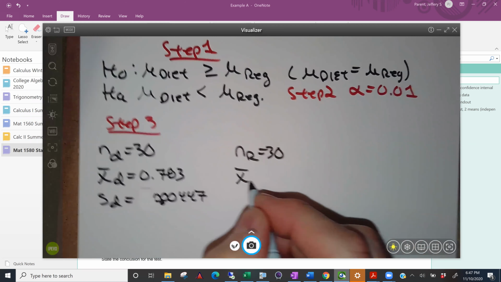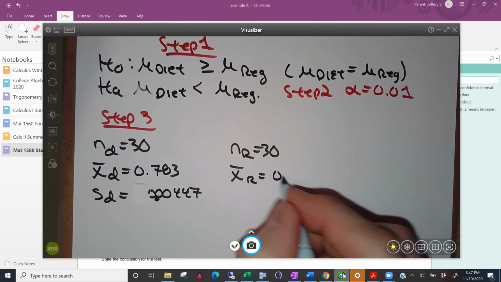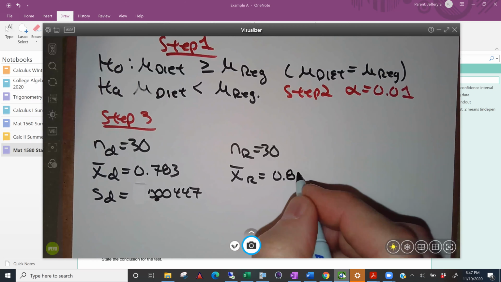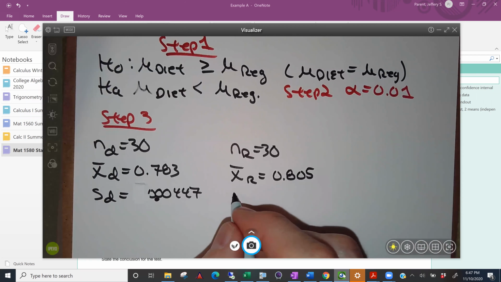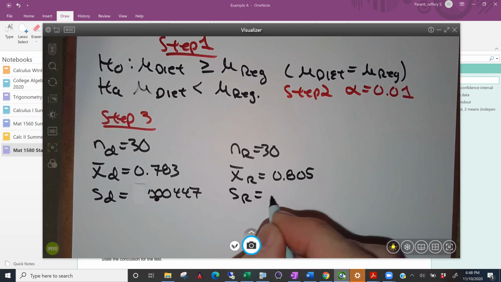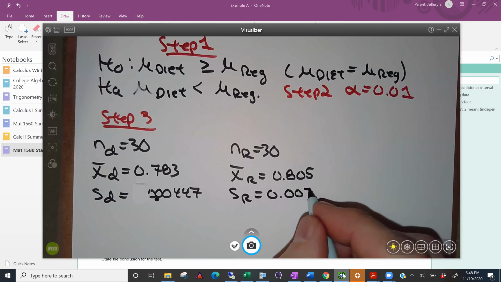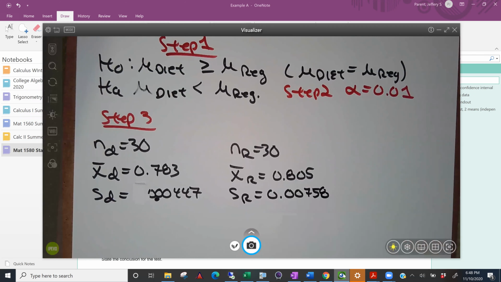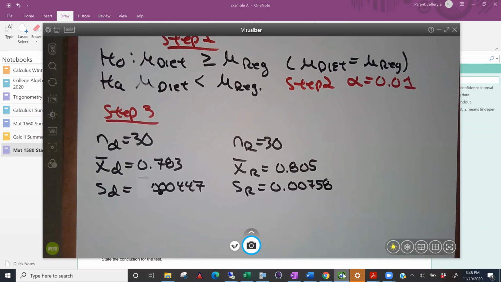X bar sub R. The average weight in this sample was 0.805 with a standard deviation of 0.00758. So that's the information we need to put into Statdisk.